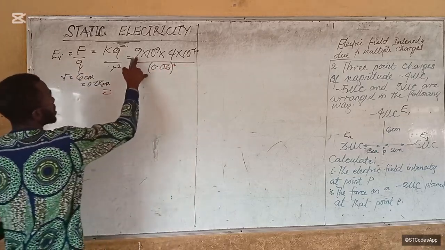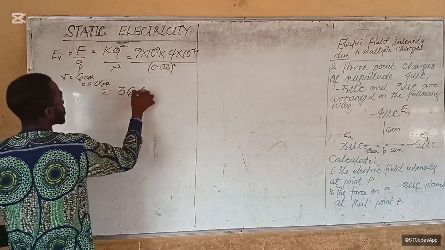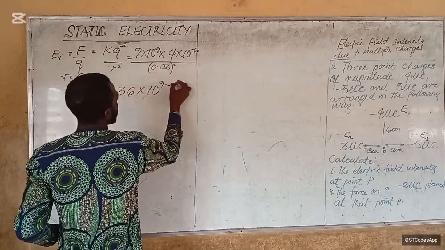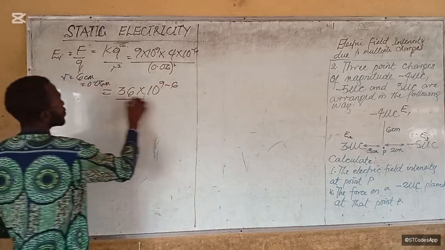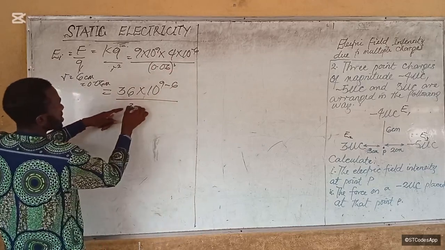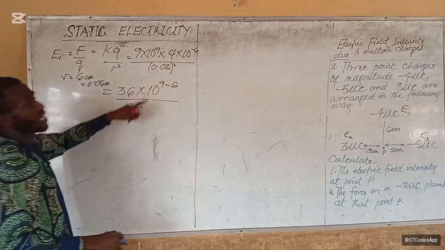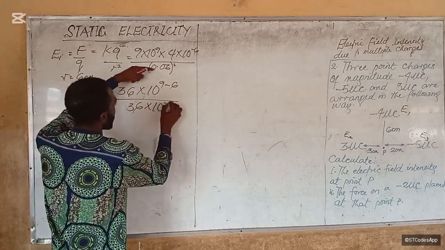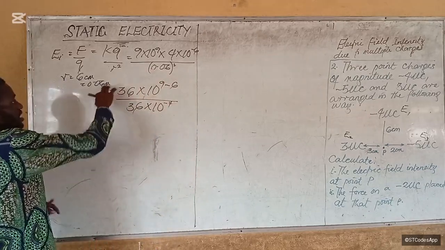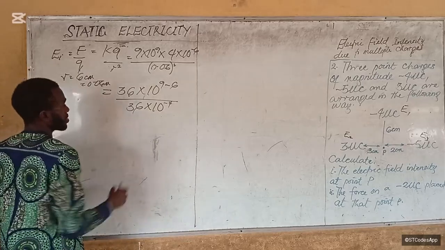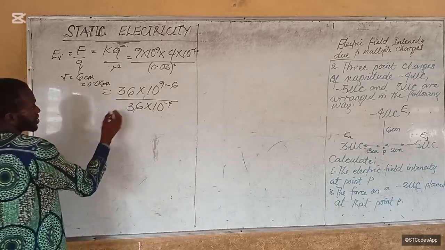So this becomes 9 times 4, that is 36, times 10 to the power 9 minus 6, all over, this will invariably turn to 36. When you have something like this, just square this number, and then write times 10 raised to power minus 4, especially when it's given in centimeters. So we have this.